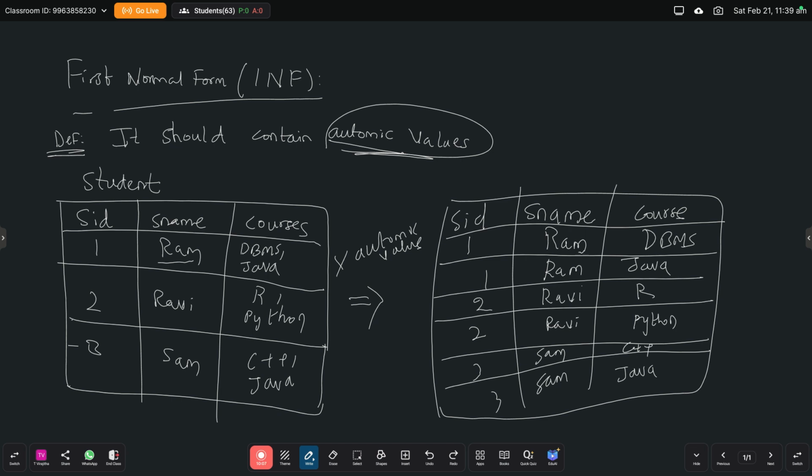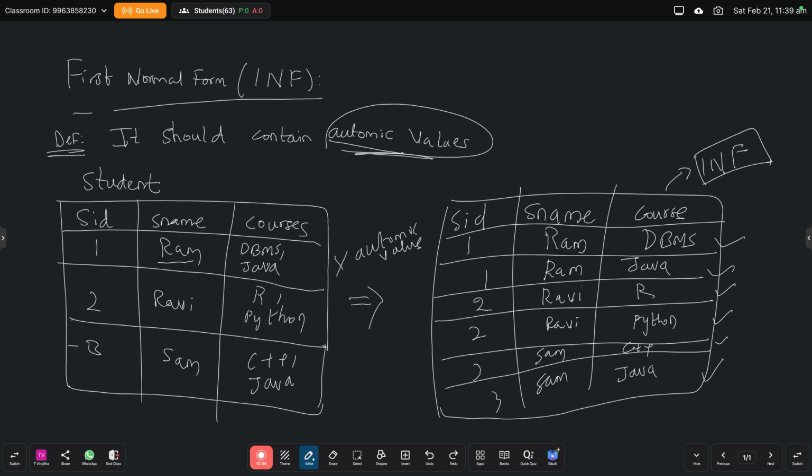Here, as the course column has multiple values, you decompose the table in such a way that each row has a single, atomic value. So we call this table now in first normal form.